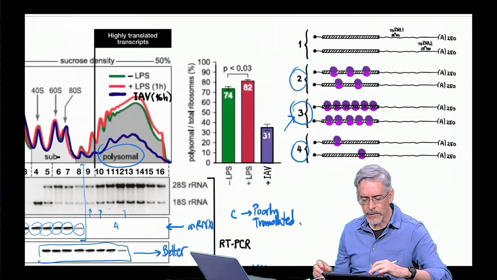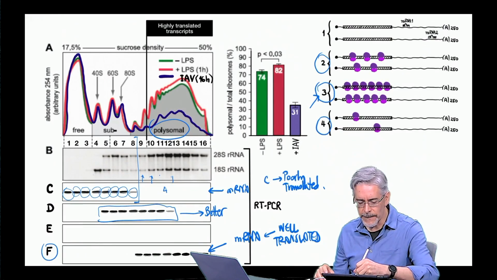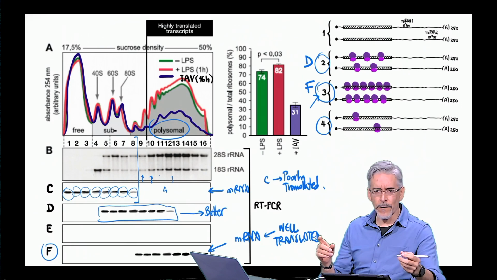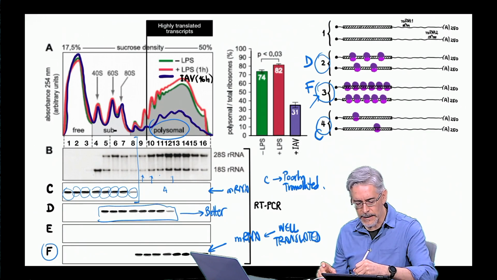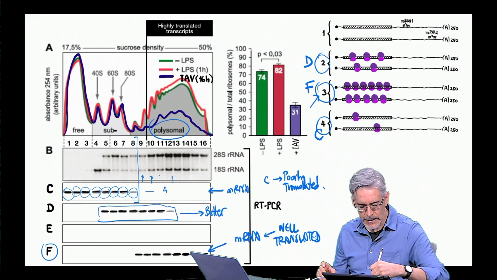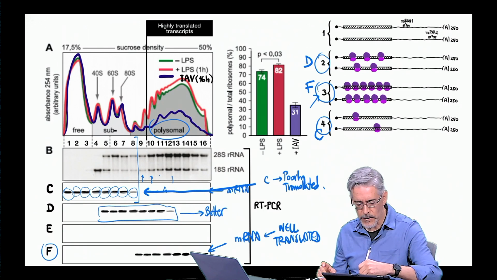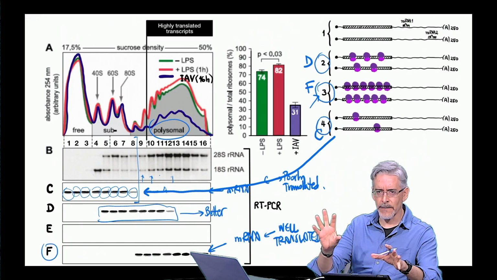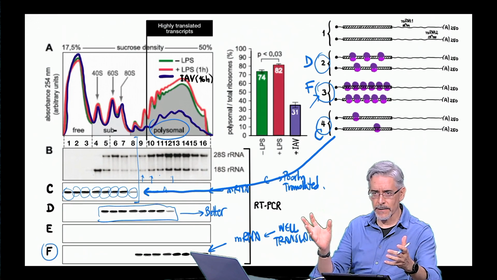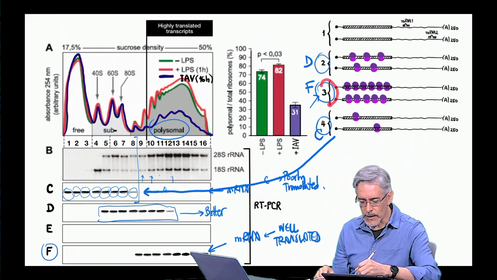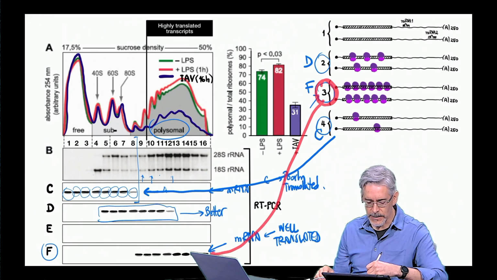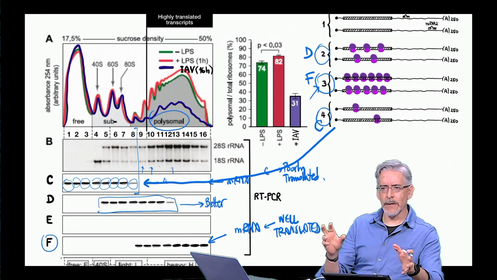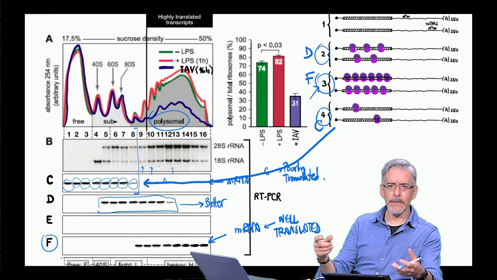So 3 will probably correspond to the one represented in F, then 2 will correspond to the one shown in D, and 4 will likely correspond to the one represented in C. So in other words, the profile shown in C will correspond to that messenger RNA. It has only one ribosome per messenger RNA, if any at all, whereas the one shown in 3 is very well translated, so it will correspond to the one represented in F. Okay, so this is the way that you can evaluate translational rates for any given messenger RNA.